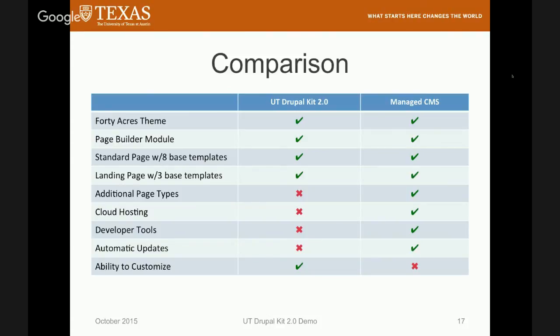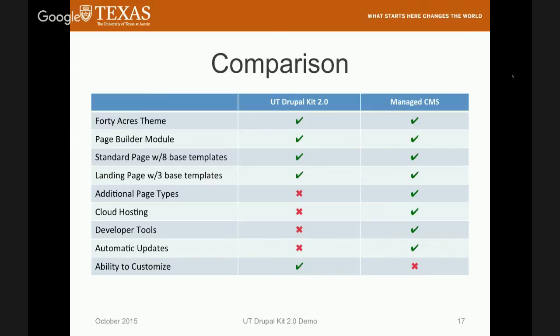So I'm just going to wrap up with a quick side-by-side comparison of the UT Drupal Kit 2 and Managed CMS as we look forward to these two new options. As you see, both will come with the 40 Acres theme, the Page Builder module, the standard page content type, which includes 8 base templates, and the landing page content type, which includes 3 base templates.